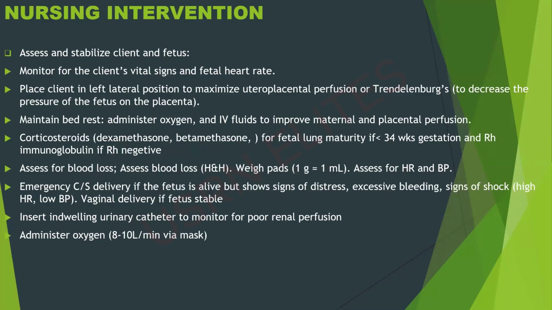So know when to give corticosteroid, know when to do emergency CS, as simple as ABCD. Once the mother is stable, we can buy time for the baby to mature. You have to go ahead and give corticosteroid. But if there is complete detachment and signs of shock, signs of distress, know that oxygen has been cut off completely.